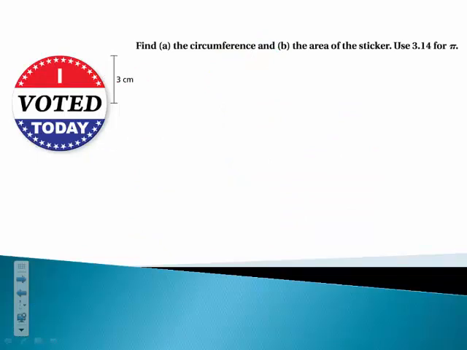For the first part of this lesson, this goes very quickly, we're going to find the circumference of this sticker here. And because we cannot divide 3 by 7 evenly, we're going to use 3.14 instead of 22 over 7. Okay? So if you notice here, they give us the radius. So since we have the radius, we need to use the formula that includes an r, which is the radius.